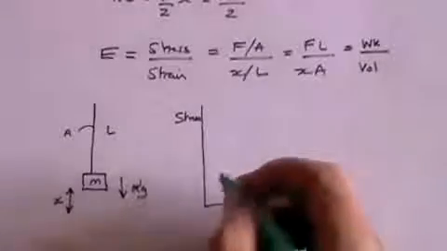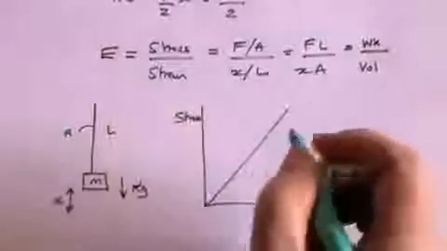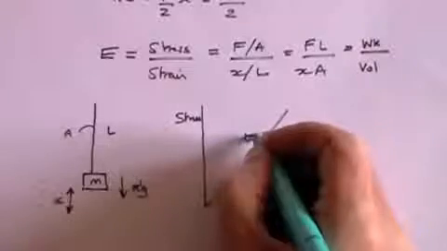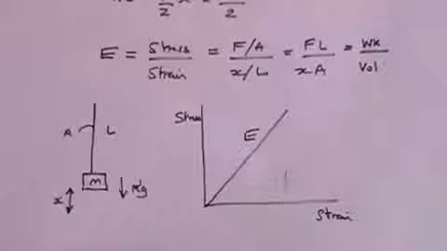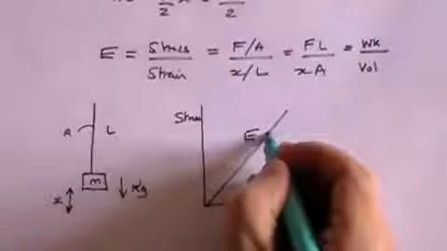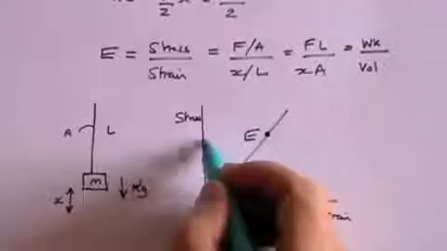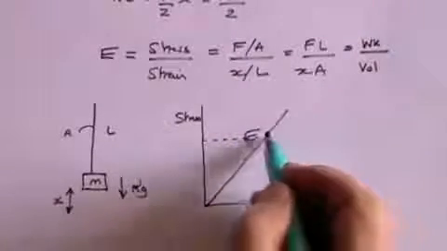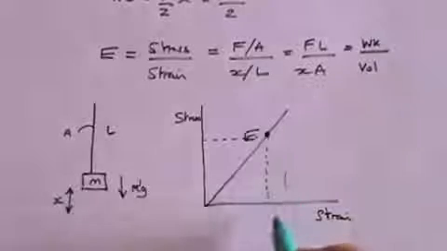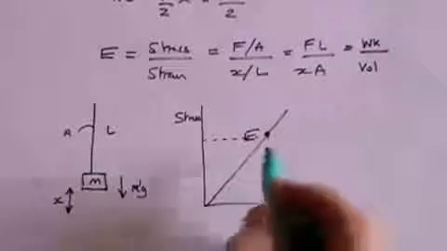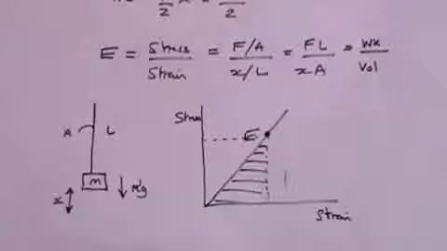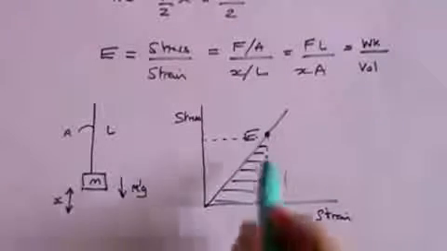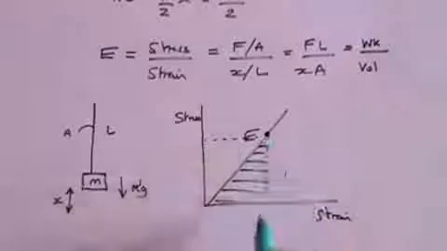and you will get a straight line, and the gradient is stress divided by strain, which of course is Young's modulus. And for any given extension of the cable, let's say that the stress is force over area and the strain is extension over original length, the potential energy contained in the stretched material is the area of that graph.